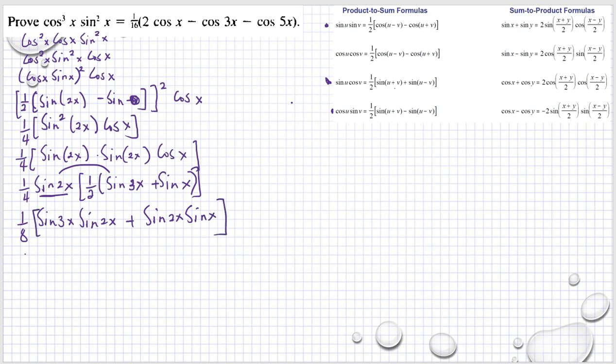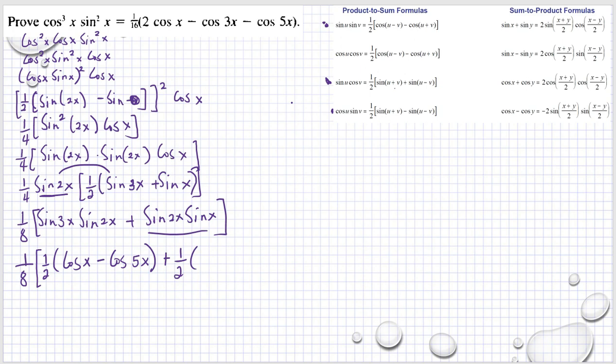Now we're ready for the last step. We have now the same there. We have 1/2. We have cosine u minus v, that is cosine x, minus cosine u plus v, that is 5x, plus, for this now we have 1/2.